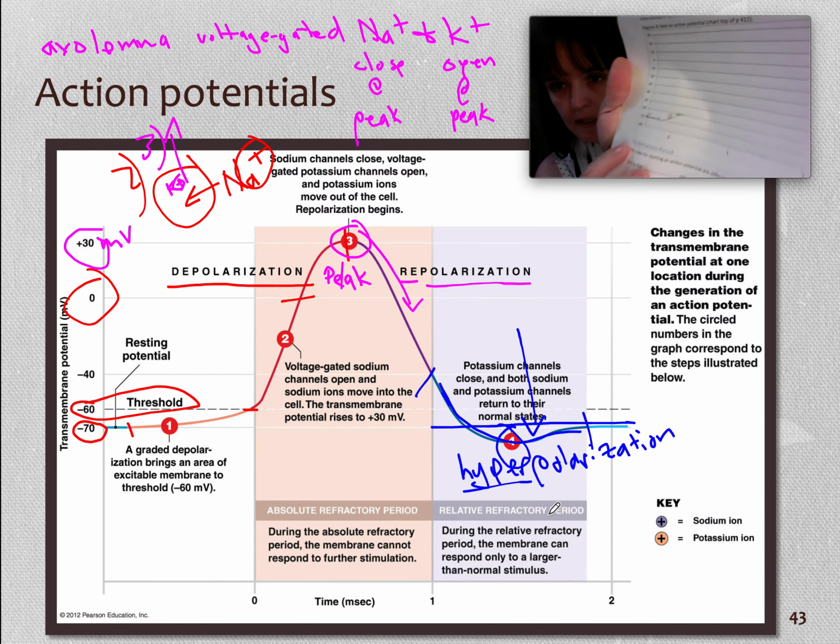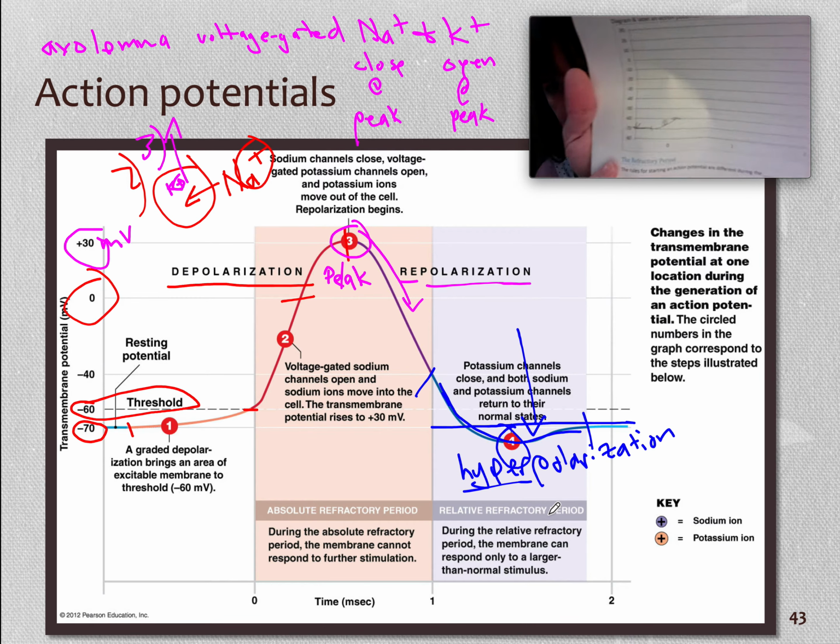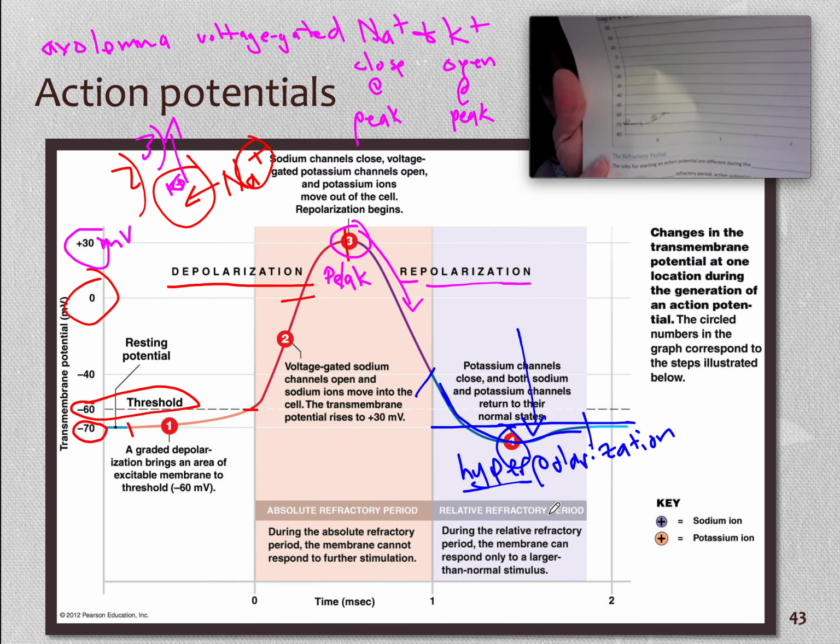What's threshold? -60 millivolts. Once we depolarize to threshold, we're going to whoop, right up to the top. So 2 is depolarization.